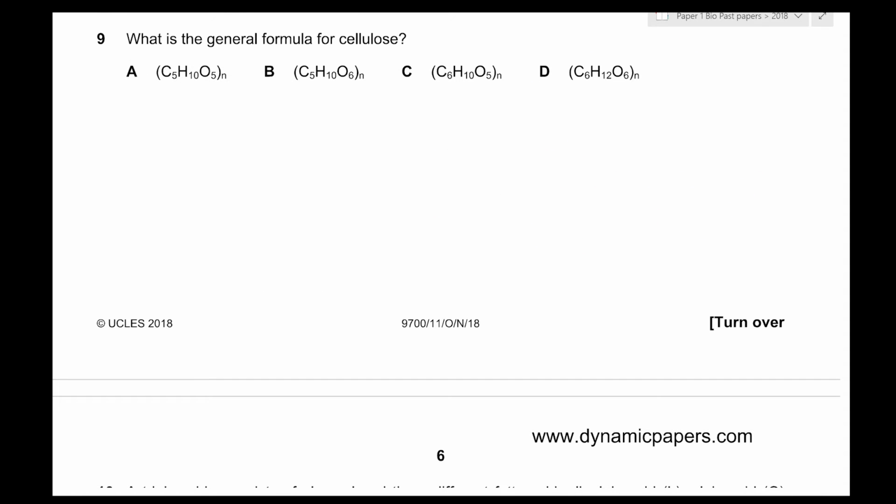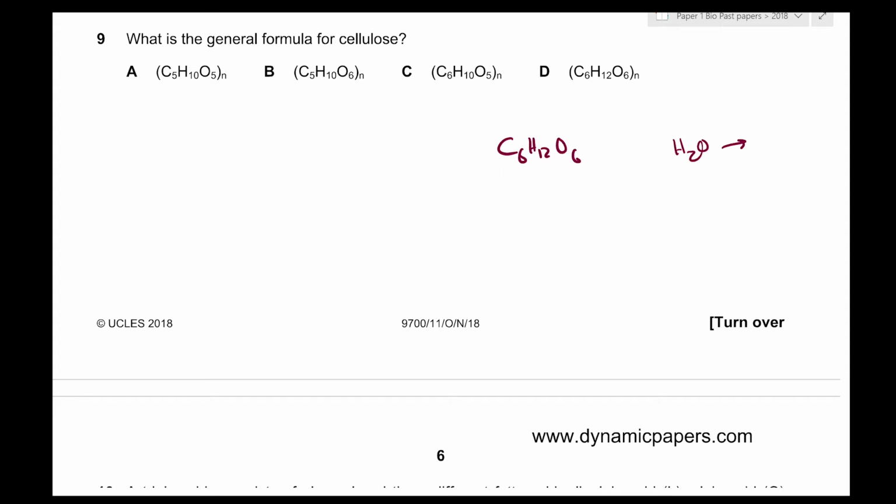Question number 9. What is the general formula of cellulose? Now, we have a trick used to calculate any polysaccharide. Now, to do this is that we know that the formula for glucose is going to be C6H12O6. Now, we know that cellulose is formed by a condensation reaction, and in condensation reactions, water is released. So by the condensation reaction of beta-glucose monomers.